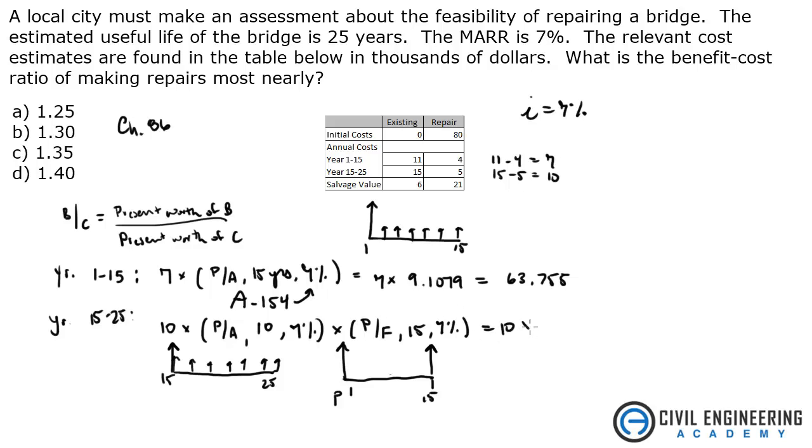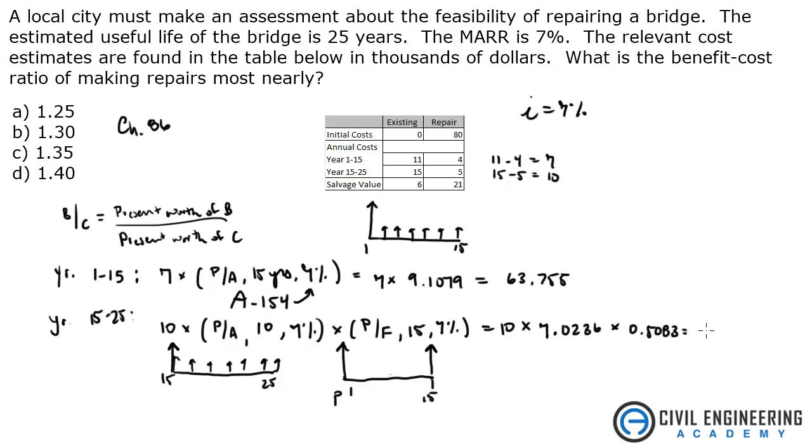Okay, so what do we get here? We got 10 times, go to the table A-154, and for P over A, 10 years, 7% interest, I get a value 7.0236, and then I've got to multiply it by P over F at 15 years, 7%, and if you look that up in the same table, only we're looking at the P over F column, for 15 years, I got 0.5083.